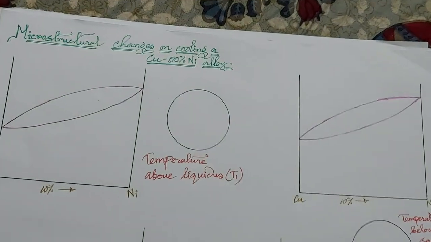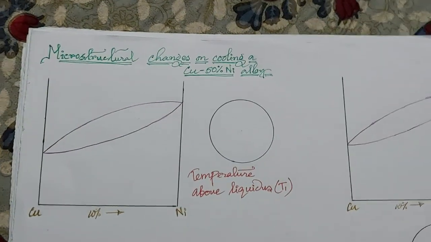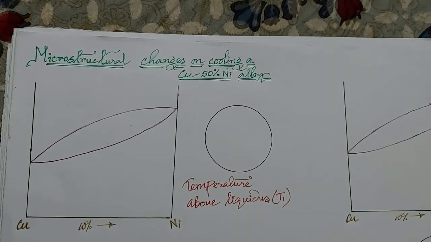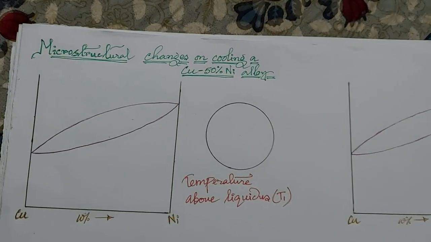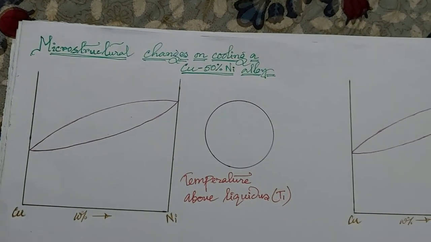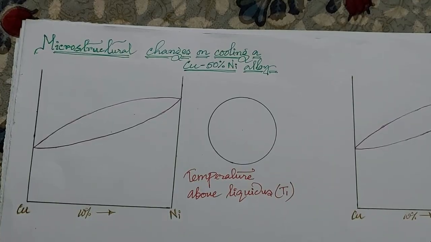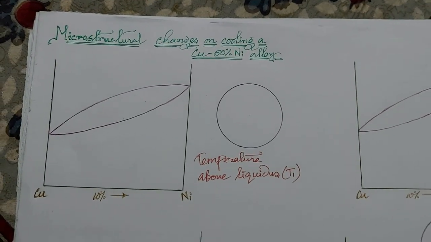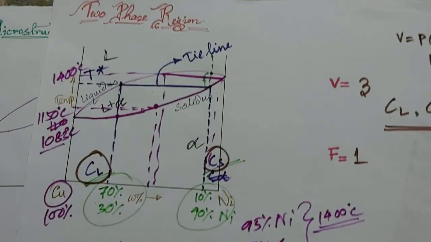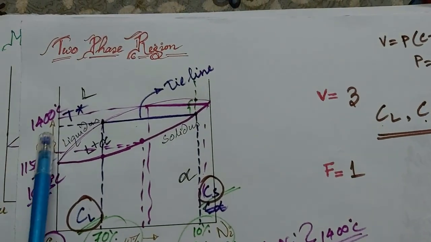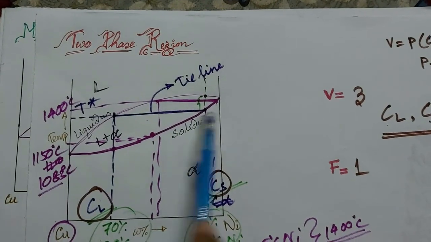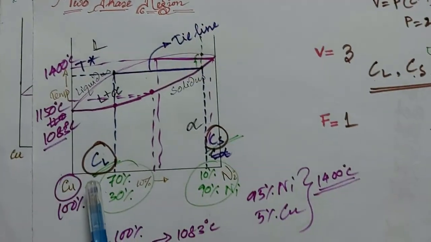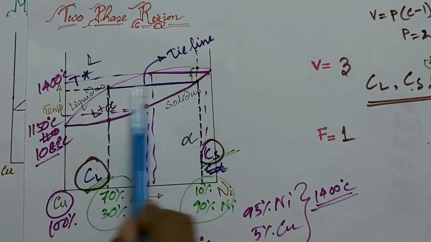Now this is our today's topic, microstructural changes on cooling a copper 50% nickel alloy. In the last class I told you about this tie line where the temperature is constant. Temperature is constant and we have taken the composition Cl and Cs at constant temperature.